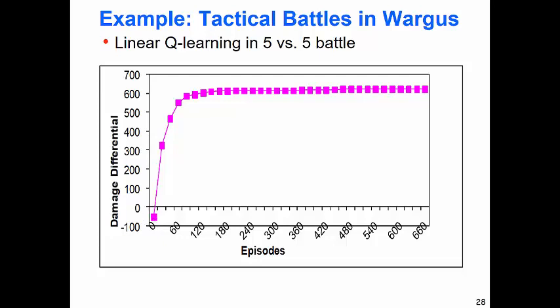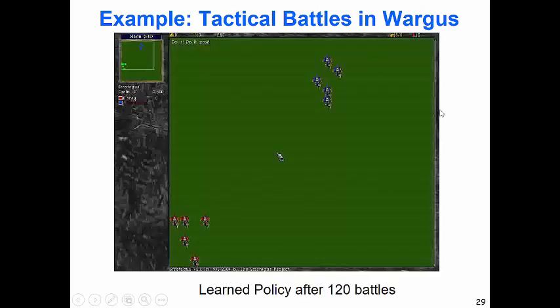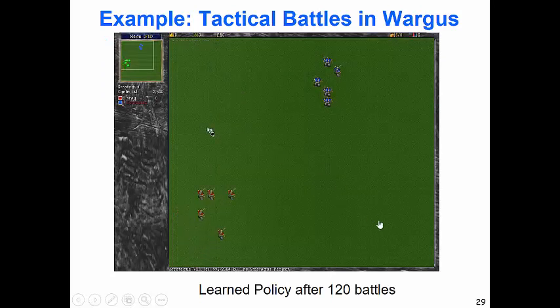Now, after just a little bit of learning, you start to do quite a bit better, and then it stabilizes. This is after only 120 battles. This is not that hard of a problem, partly because they learn to exploit the inbuilt AI, which has a proximity. If you don't get too close to one of the enemy agents, it doesn't kick in and attack you.